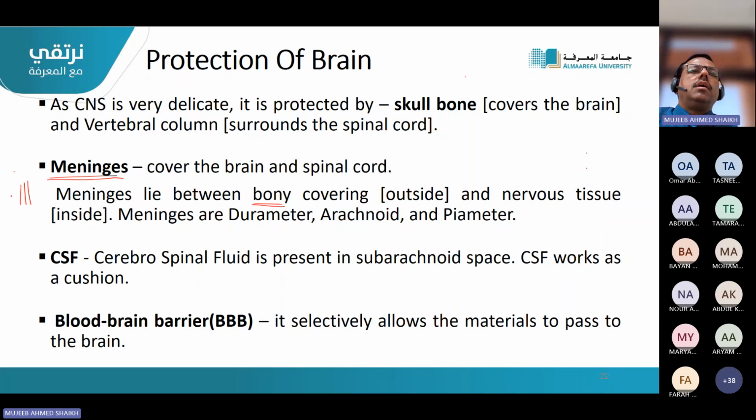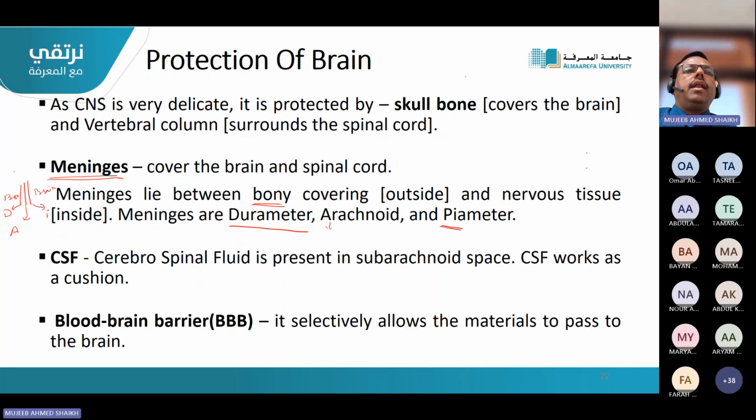As I said, there are 3 layers. Suppose here it is the bone, and here it is the actual brain. In between there are 3 layers. The outer layer towards the bone is the dura mater. Then in between is the arachnoid mater, and the innermost, which is sticking to the brain, is the pia mater.